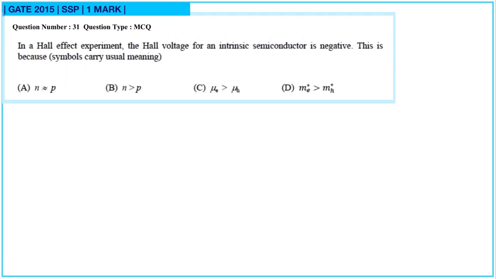Next question. In Hall effect experiment, the Hall voltage for an intrinsic semiconductor is negative. This is because, now this is Hall effect for semiconductors.